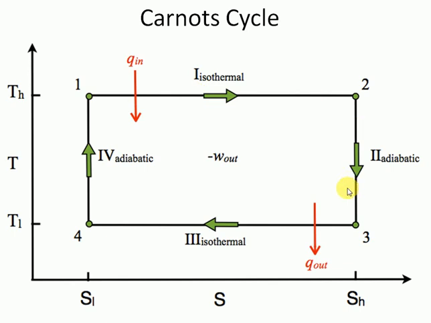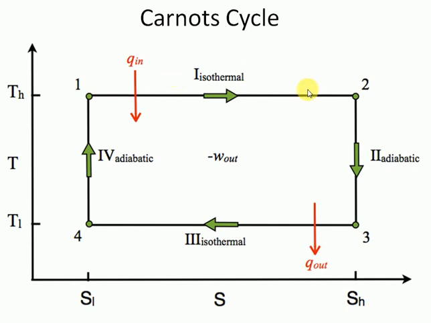We can call it an ideal power cycle also, because in this net work is developed at the cost of heat supplied in the boiler. So this Carnot cycle is called an ideal cycle. Why is it an ideal cycle?